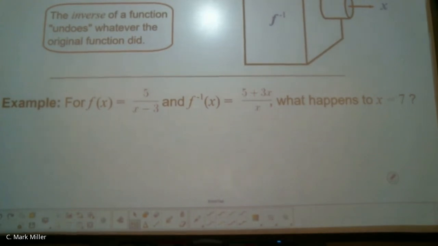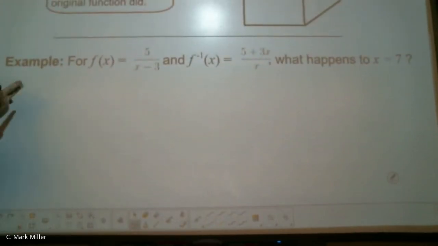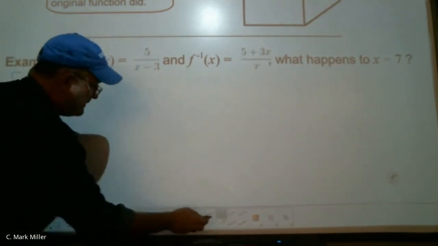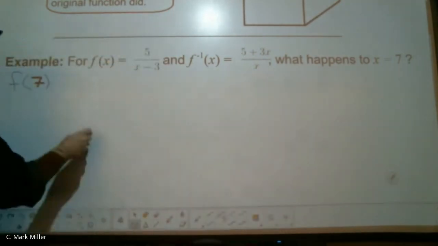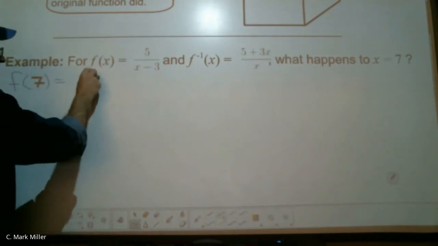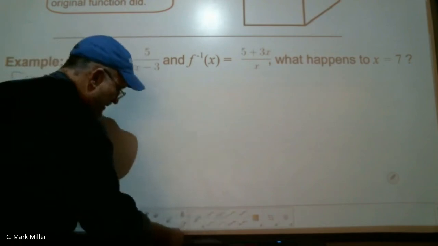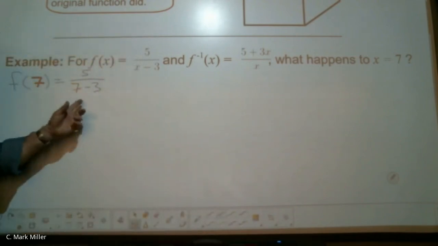Let's look at f of 7. You plug 7 in for x.